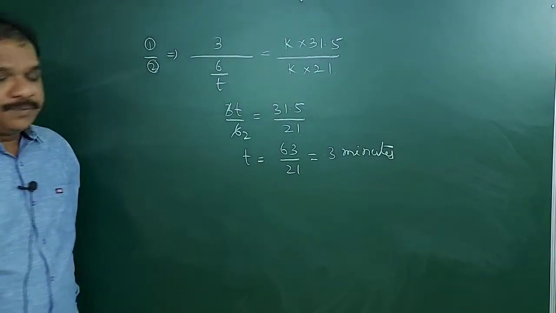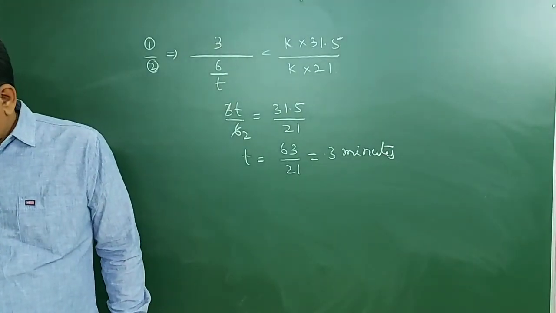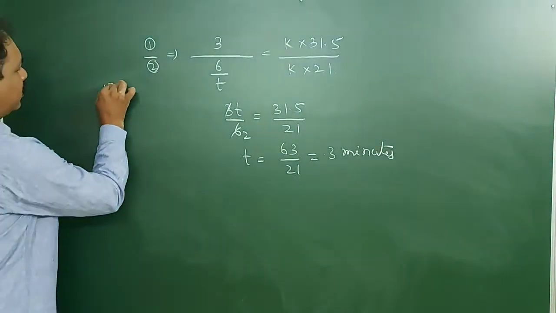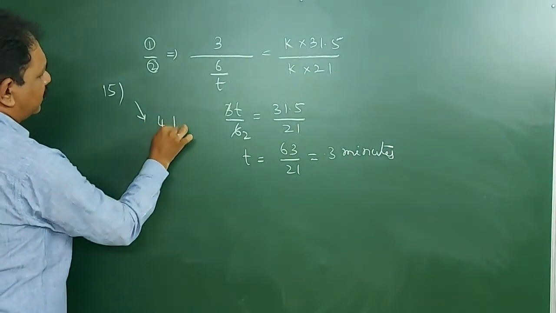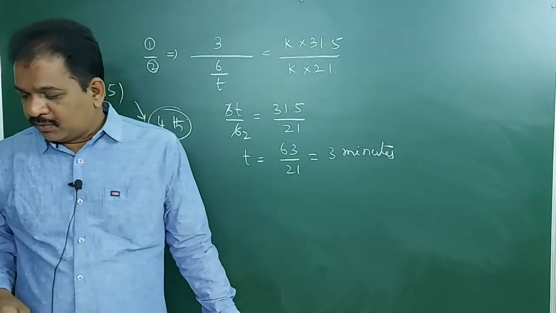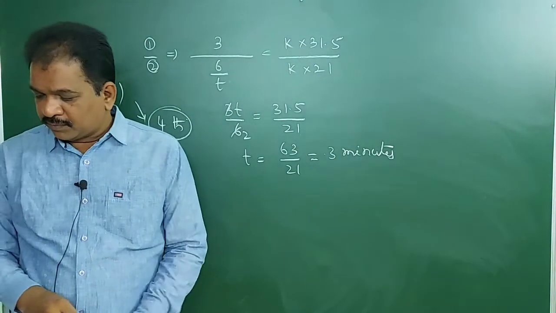They gave the option wrong in the answers. For 15, it will be the fourth option, not the first option.